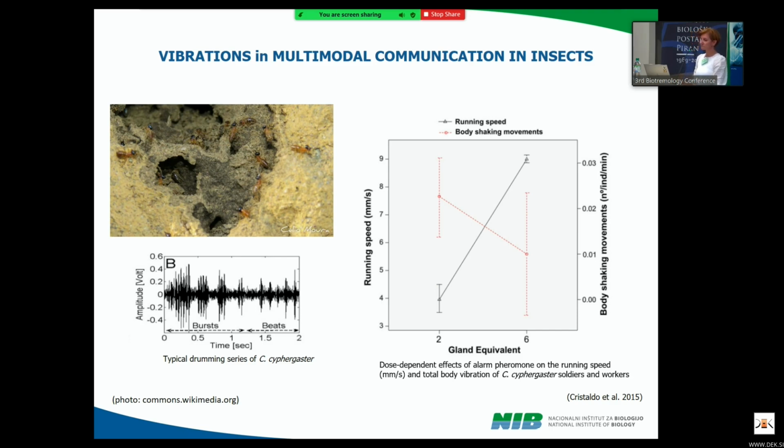Again, not to mention the social insects, bees, ants, wasps, which use even more complex and elaborate communication systems incorporating all different kinds of multimodal signals in order to survive and to organize within the colony.